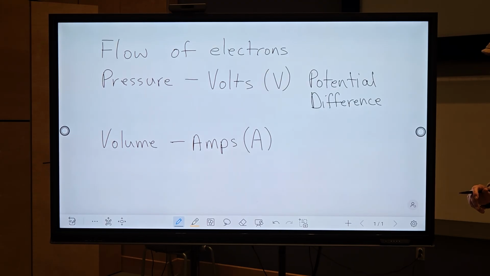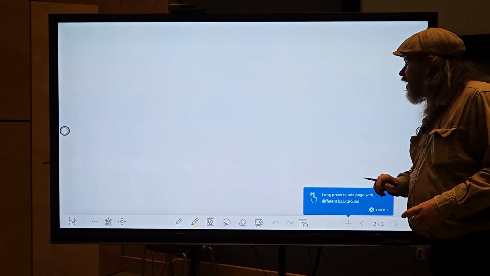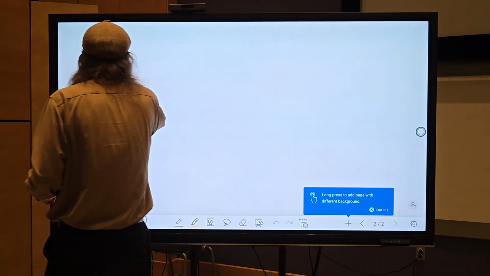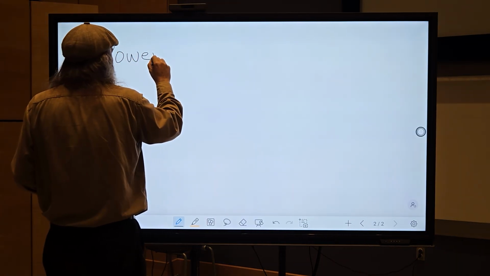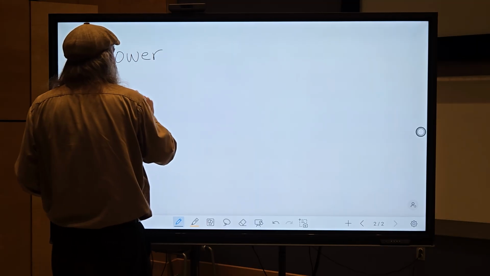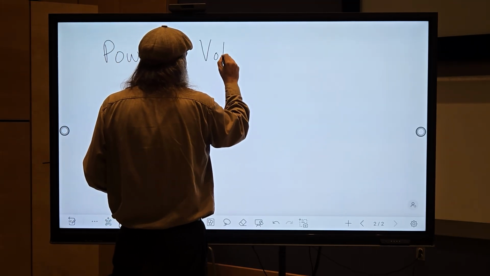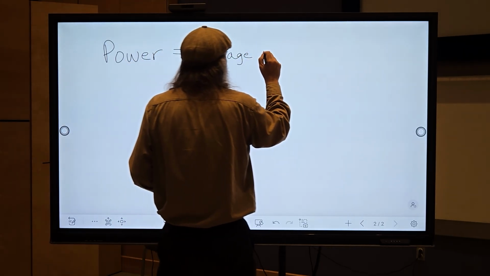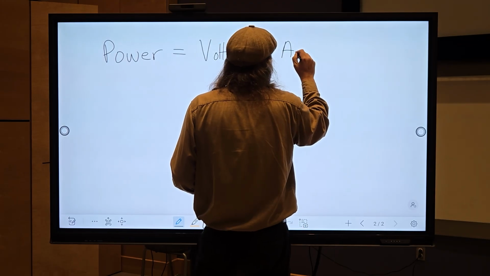Now, the power is measured by getting the voltage times the amperage.